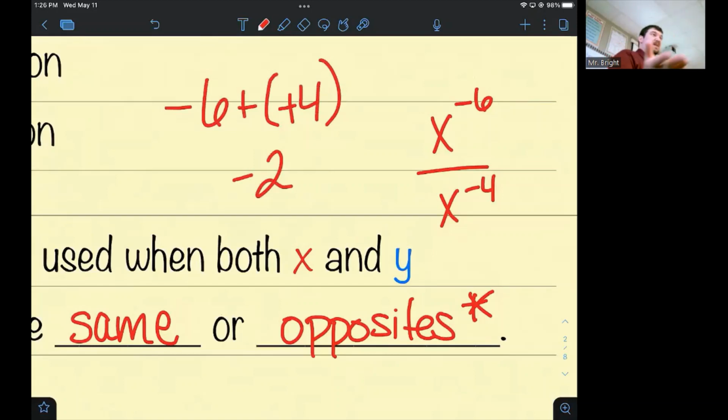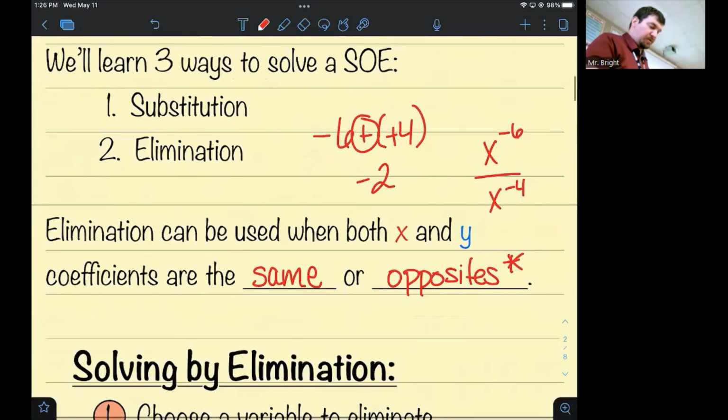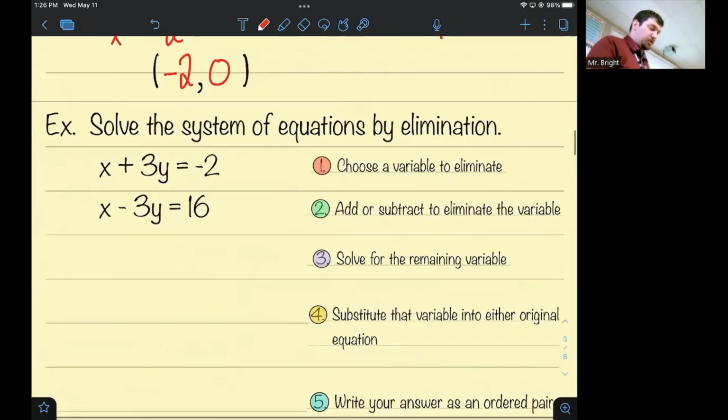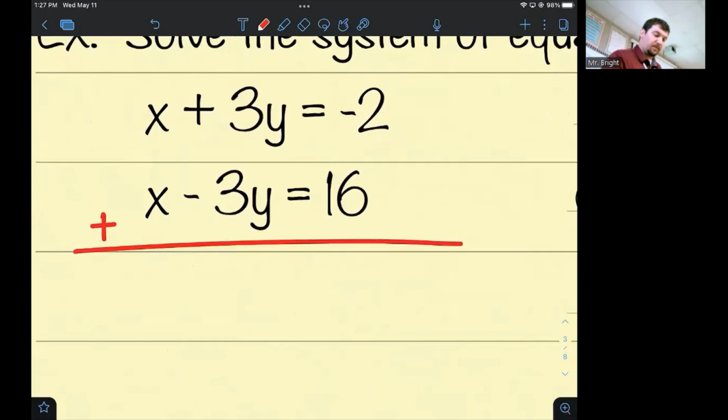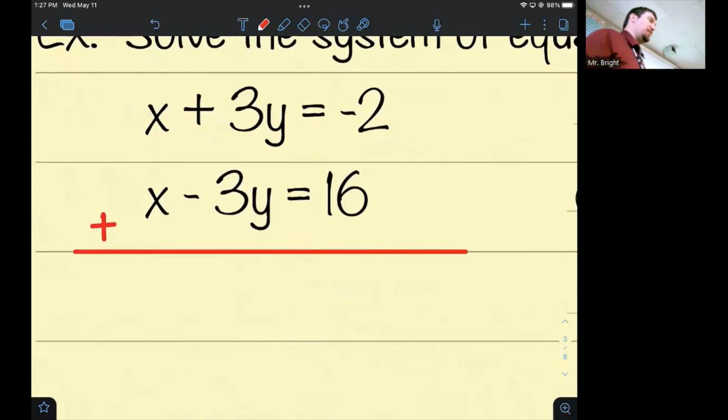Do you see how you could mess that up kind of easily if you're doing mental math? Whereas adding, once I changed it to an addition problem, is much easier to do. So I prefer for them to be opposites, and so I would also agree with Xander. The y's would be easier to eliminate for that reason, because I like to add. Subtracting's for fools. Not really.